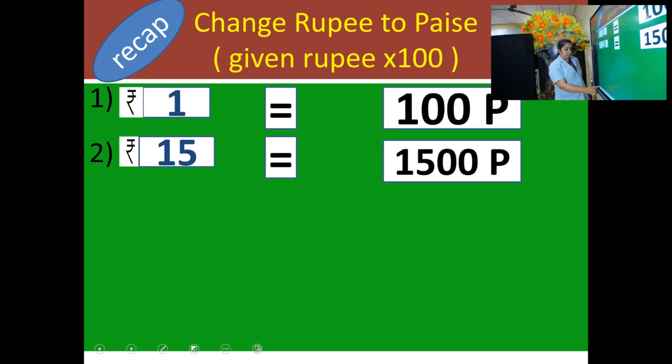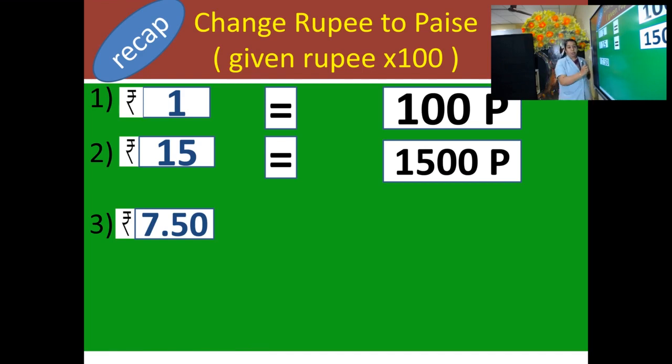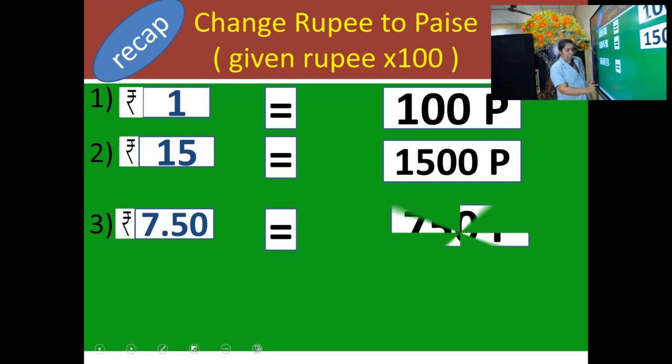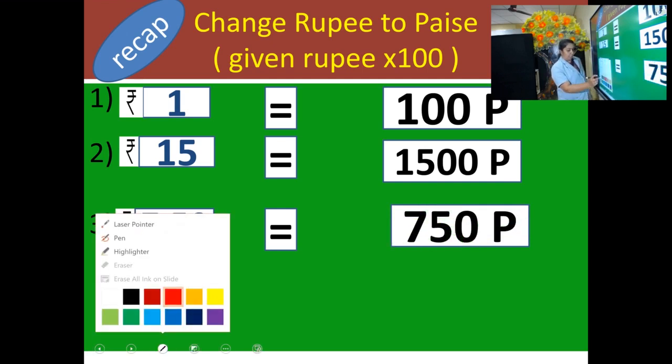Then third question. Rupees 7.50. So how do you write it? You have to remove the point, isn't it?